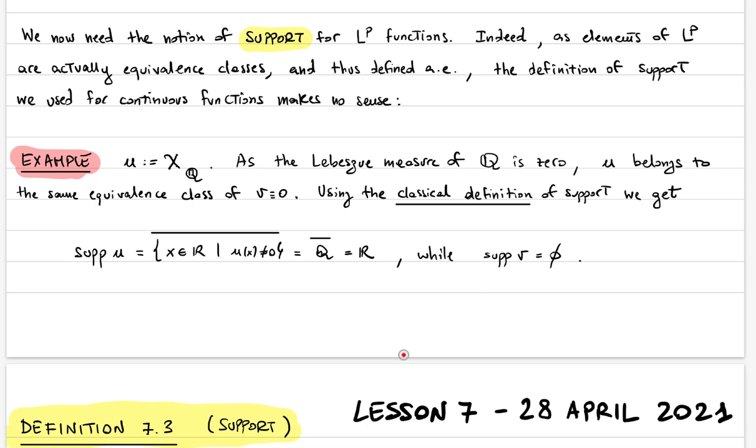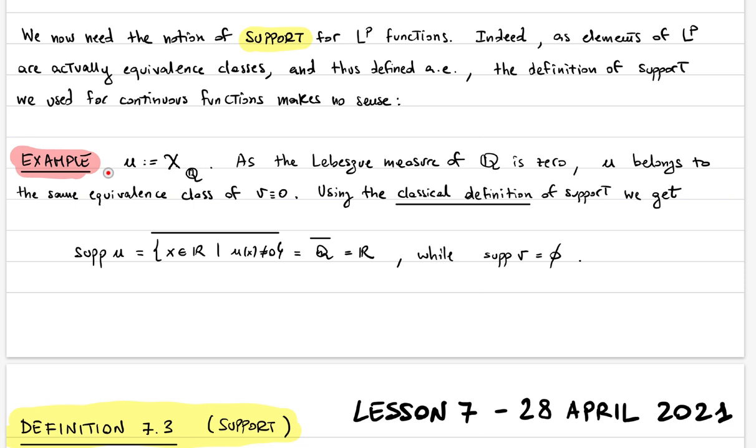This is because LP functions are actually not functions but classes of functions. So the classical definition of support that we introduced for continuous functions, which was the closure of the set where the function was non-zero, doesn't work in this setting of classes of equivalence.